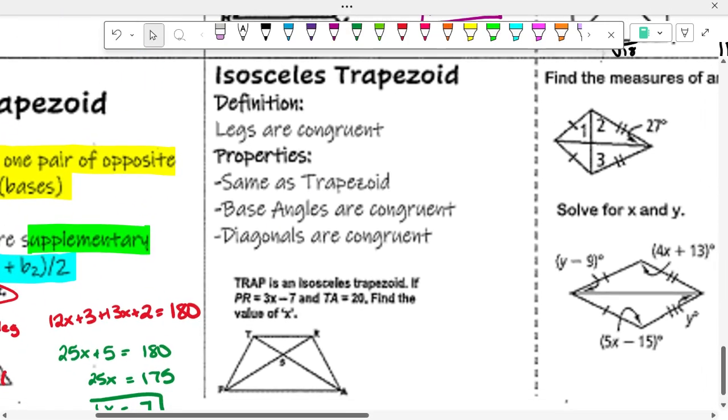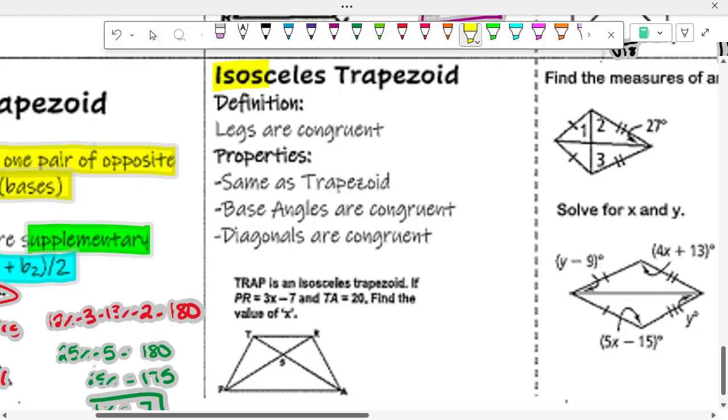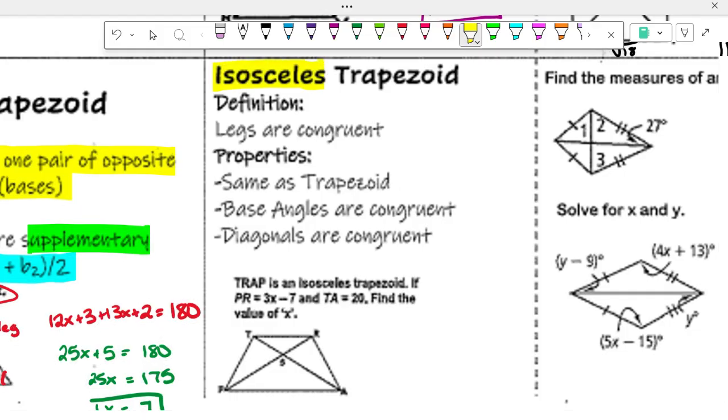So if you want to know what an isosceles trapezoid is, think about an isosceles triangle. It essentially means the same thing. Two sides are congruent. In this case, the legs are congruent, so the ones that are not parallel to each other are congruent.